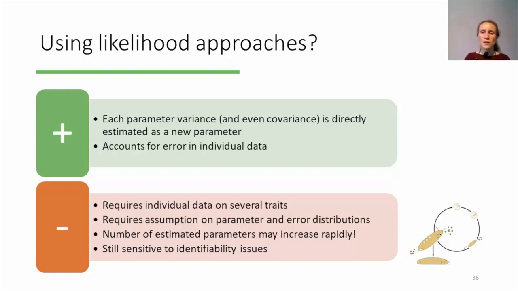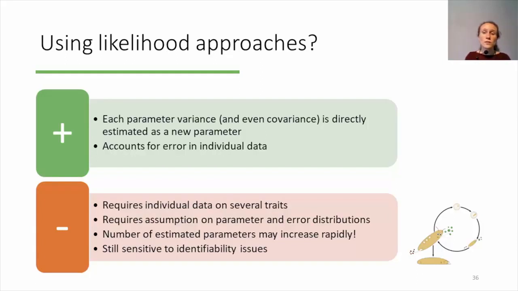The plus are that each parameter variance and the covariance between parameters is directly estimated as a new parameter in the model. So you don't have to do two-step. First estimate for each individual and then calculate the variance between individuals, which is more sensitive to error in the individual data.